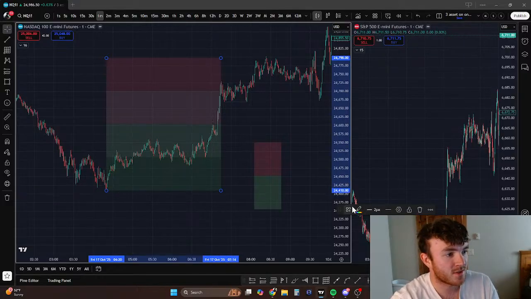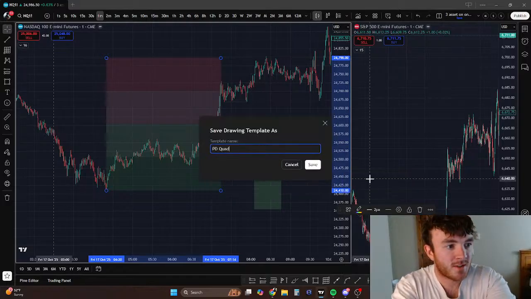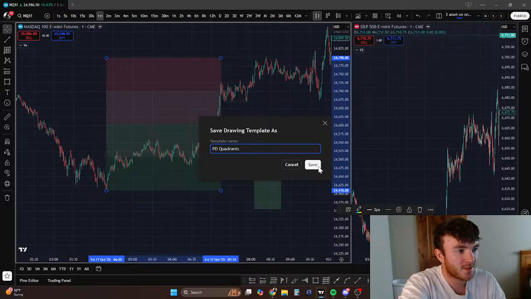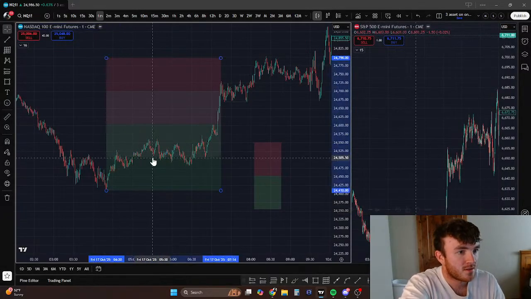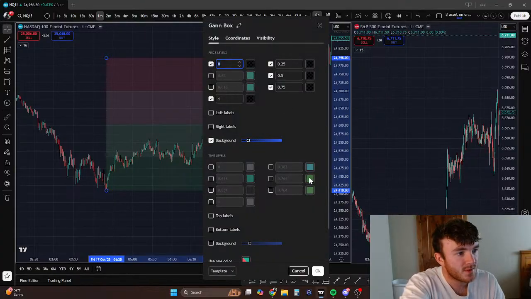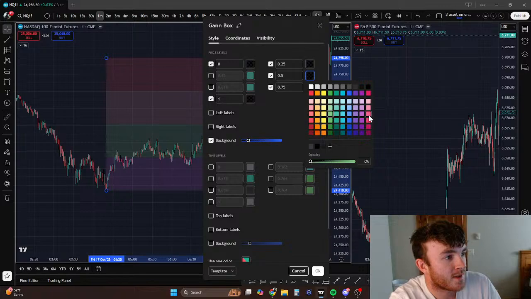Maybe I want here, we'll save this one first as PD quadrants. But maybe we just do shades of like blue or something, or orange. Let's see. Or maybe shades of purple. I don't know, man. I'm trying to figure out what I like.